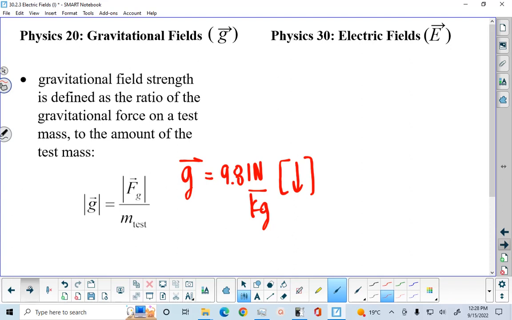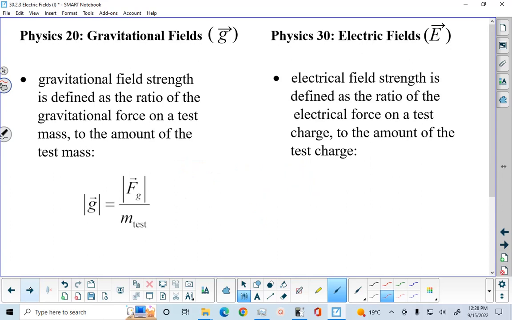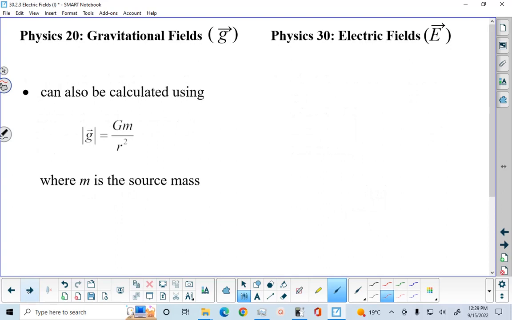Well, by comparison, electric field strength is defined as the ratio of electric force to the amount of test charge, which means we have that formula. You were also taught last year that gravitational field strength can also be found using that, where this is the source mass. Now, I want to talk about this a little bit with you.